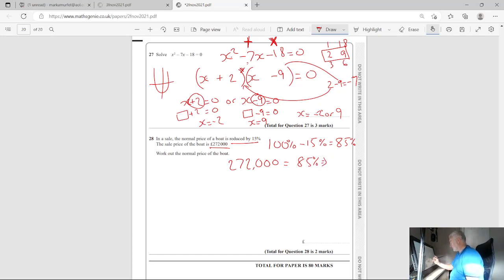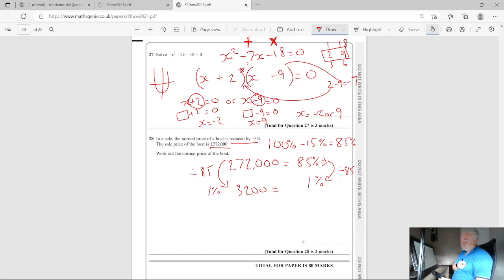Okay, so can we find what 1% would be? Get from there to there, you divide by 85. Let's do the same thing this side. Divide by 85. So in the calculator, 272,000 divide by 85 equals, gives me £3,200 is 1% of the value.